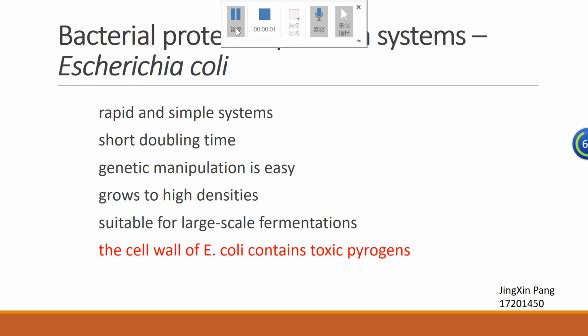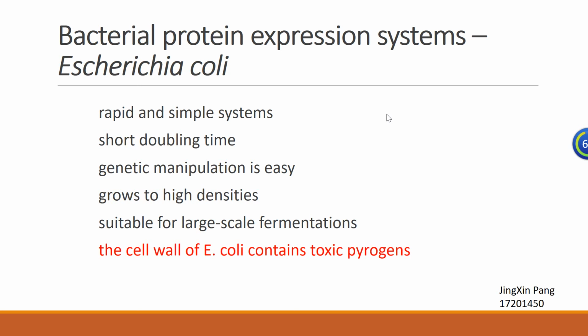As we know about the application of spider silk, I'd like to introduce the bacterial protein expression system, E. coli. Bacteria are a rapid and simple system of expressing recombinant protein because of the short doubling time. The media required to culture them are not expensive, and the methods adapted to scale up bioproduction are straightforward.